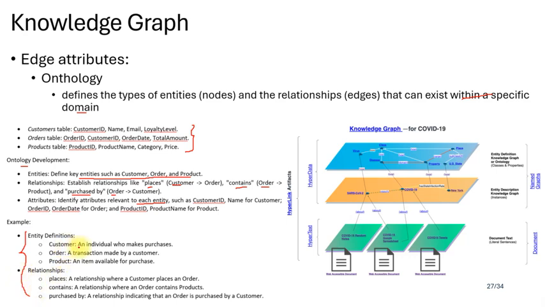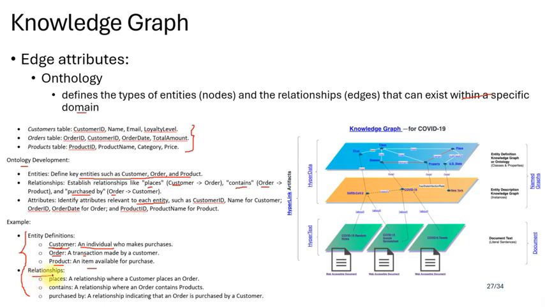For the entity definition, we can identify that a customer is an individual who makes purchases. So given a text, if we apply named entity recognition and find this is an individual, then likely we will go with the customer table. The same logic applies to order, which is the transaction, and product, which is an item available.